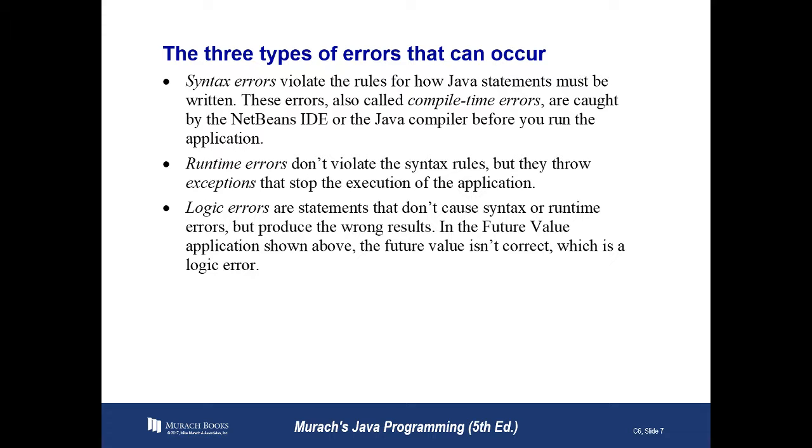So in the future value application shown, the future value isn't correct. So we're dealing with a logic error. It did not cause the program to cancel with a runtime error or an exception, and it did not keep the program from compiling with a syntax error. So something is wrong with the logic.